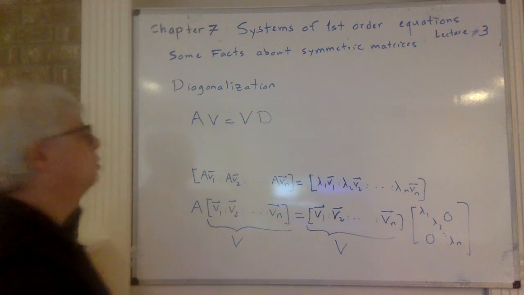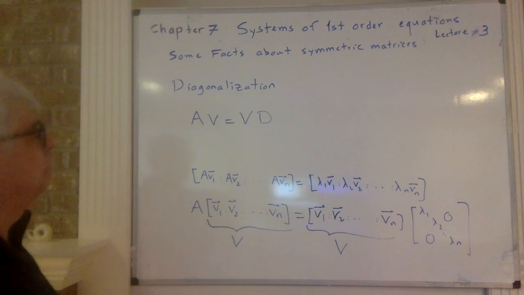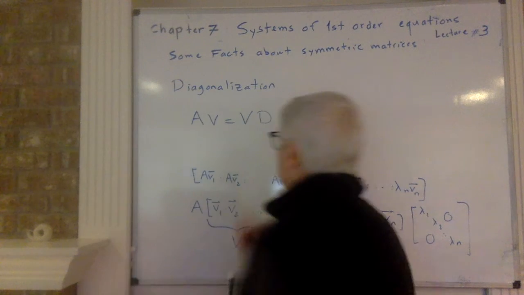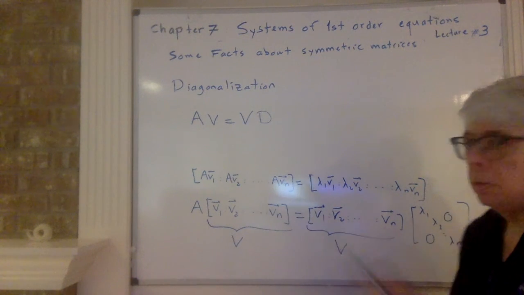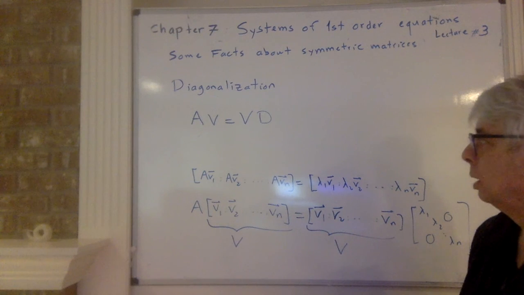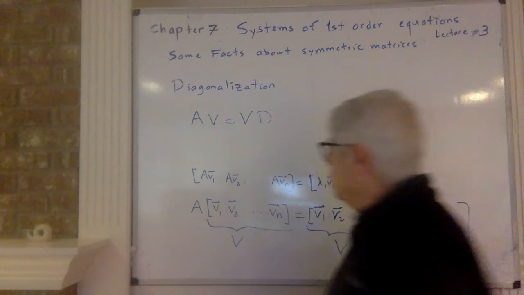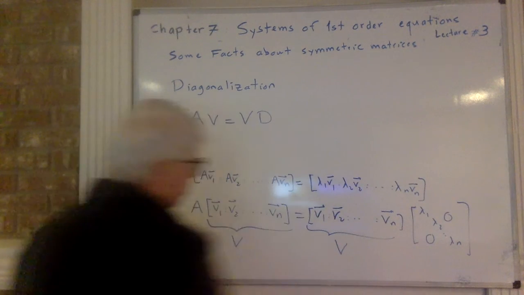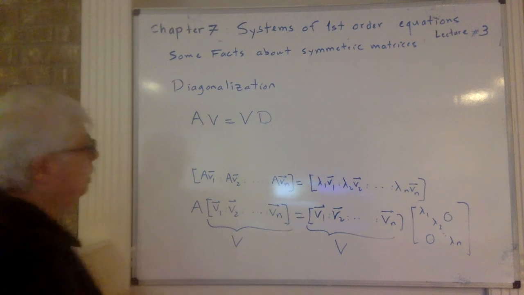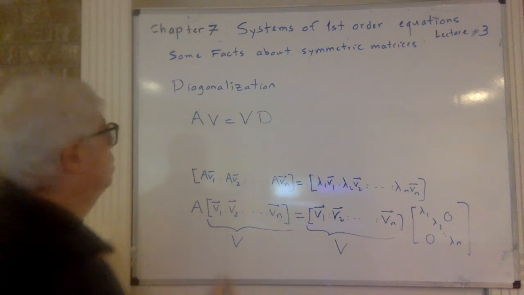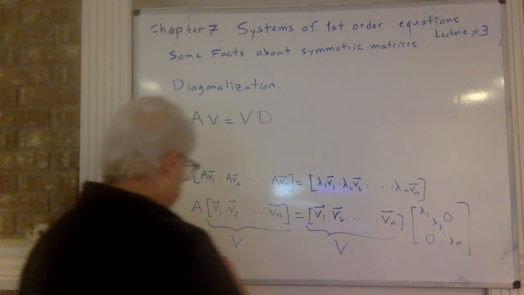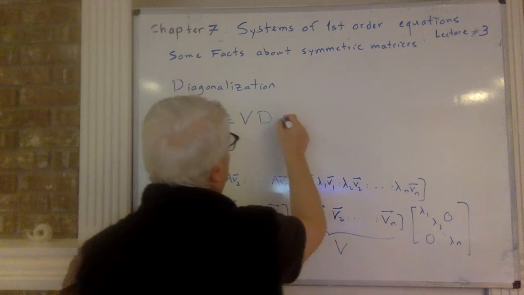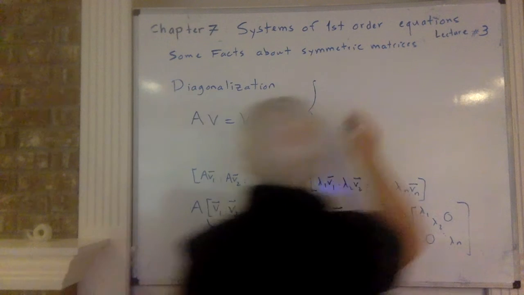Maybe they are complex valued. Anyway, since they are linearly independent, we can invert V. If I multiply this by V inverse on this side, this gives me two things.